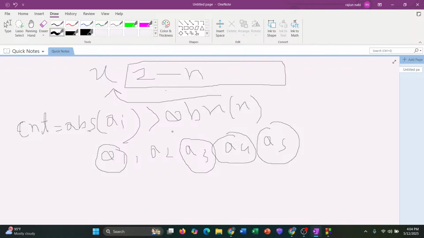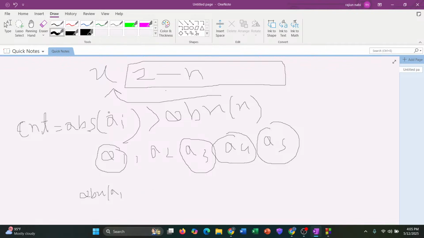If we convert every element to its absolute value, A1 becomes ABS A1, A2 becomes ABS A2.